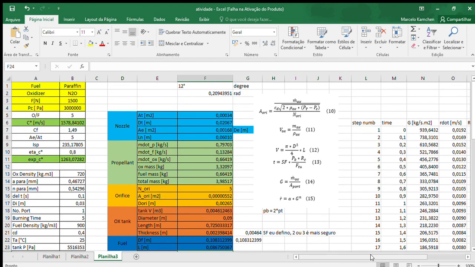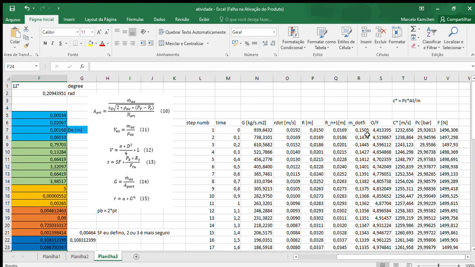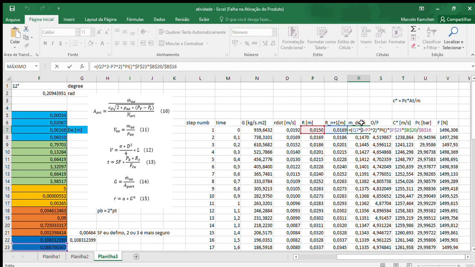Here are other parameters such as the OF ratio, the characteristic velocity, the chamber pressure, and the generated forces, and the initial m dot of fuel. I will display the cells to illustrate how the calculation is done for these parameters.